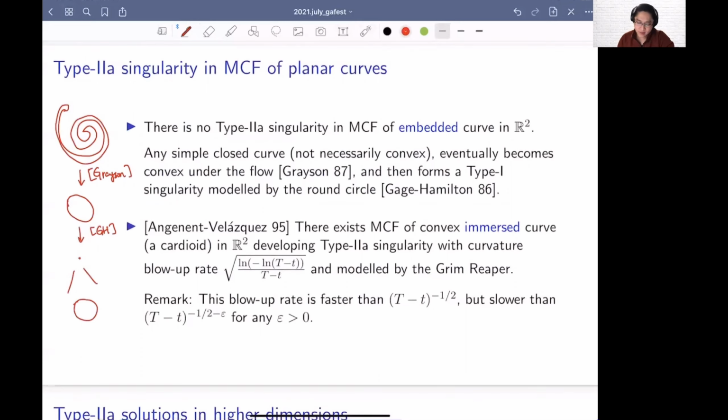No type 2A singularity. On the other hand, if we consider immersed curves in R2, then Angenent and Velazquez were able to construct a solution that does develop a type 2A singularity. They start out with something like this, a cardioid, and the smaller piece here will basically shrink into a cusp in finite time.